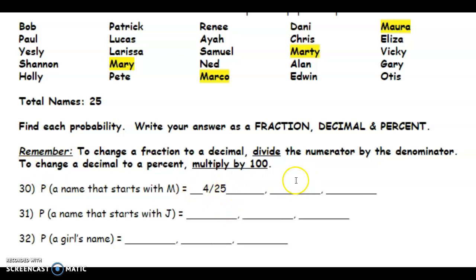As a decimal, we need to divide the numerator by the denominator. So 4 divided by 25 is 0.16. And as a percent, all we have to do is take this decimal and multiply by 100. By multiplying by 100, the decimal point moves to the right.